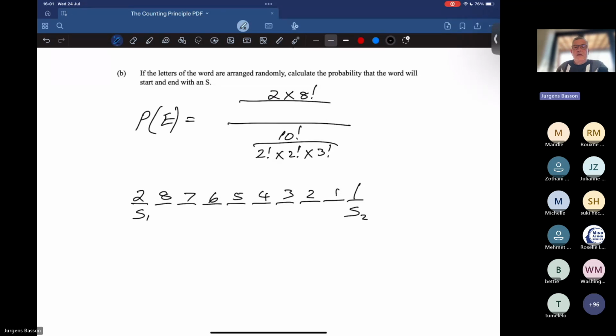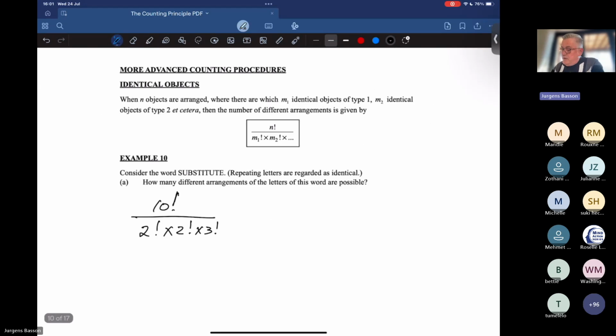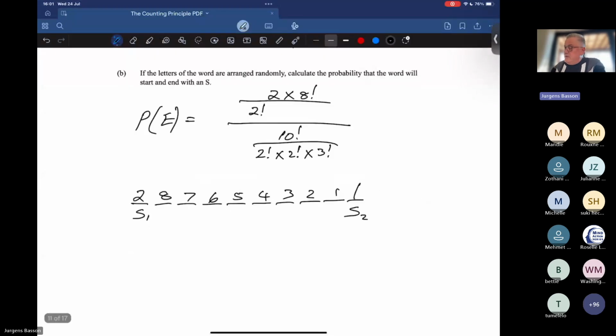And now I must also divide by the letters that repeat. Now, the S repeats, which is 2 factorial, then what was the other one? The U that repeats, and that is 2 factorial, and then T that was 3 factorial.